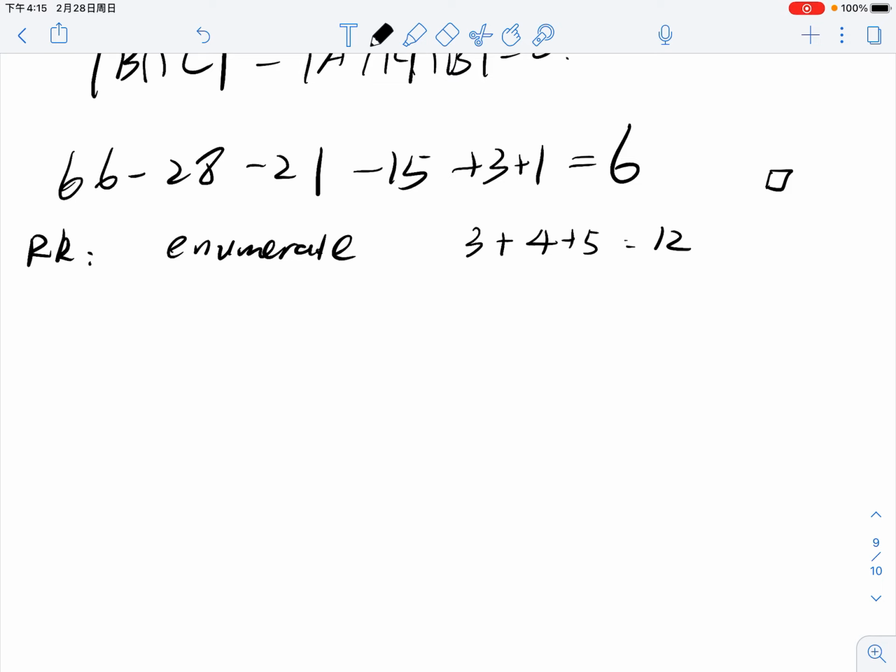So the question is equivalent to dropping 2 letters. Okay, therefore you can drop A, B, AC, BC, BB, CC. So totally you have 6 ways.